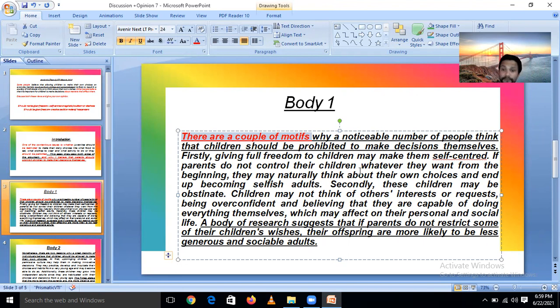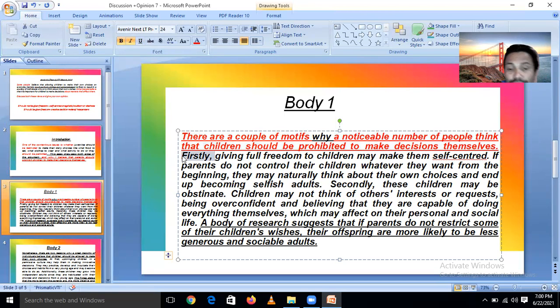So you must have a clear topic sentence like this: There are a couple of motives why a noticeable number of people think that children should be prohibited from making decisions themselves. So there are two reasons.